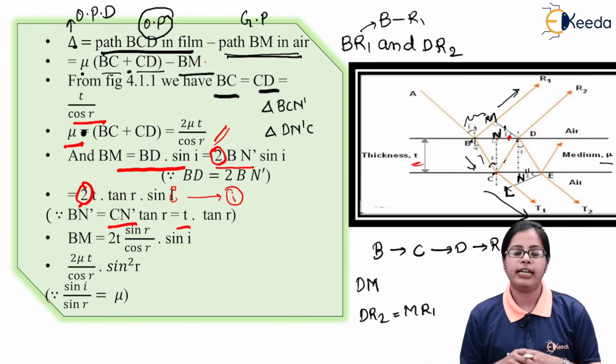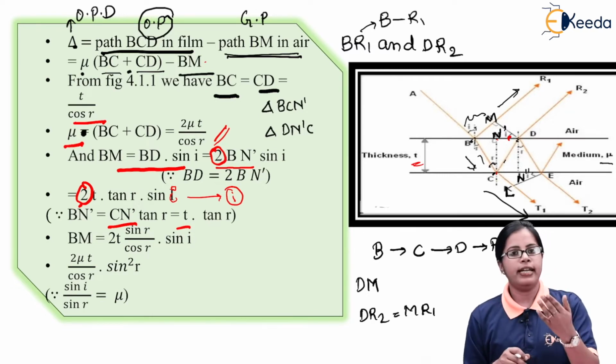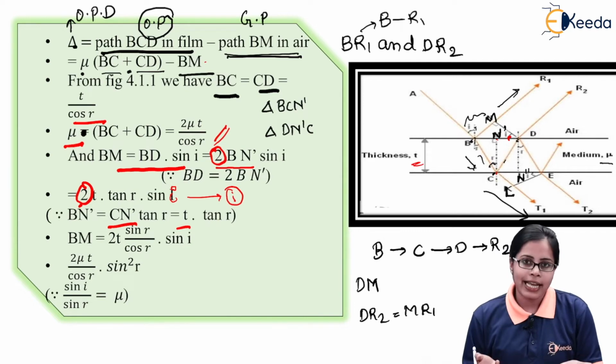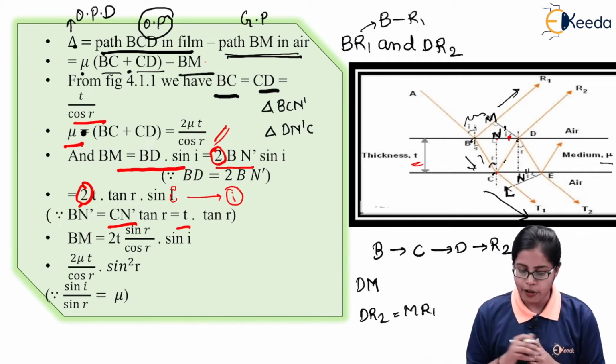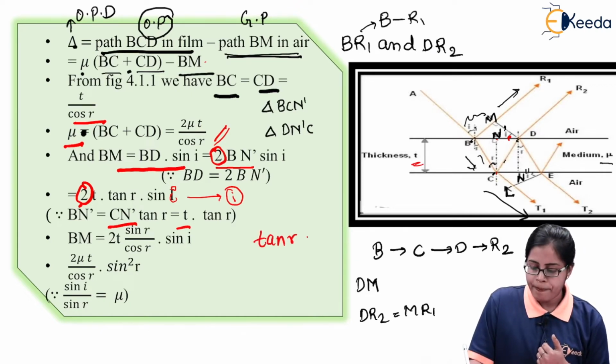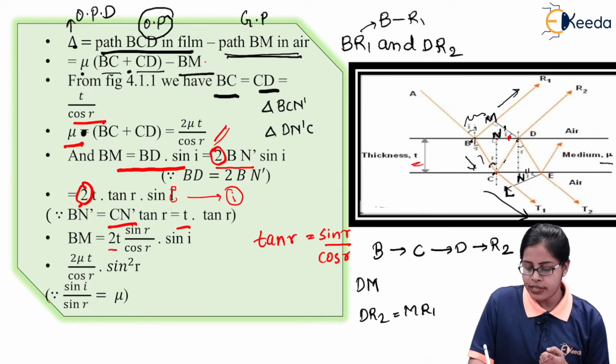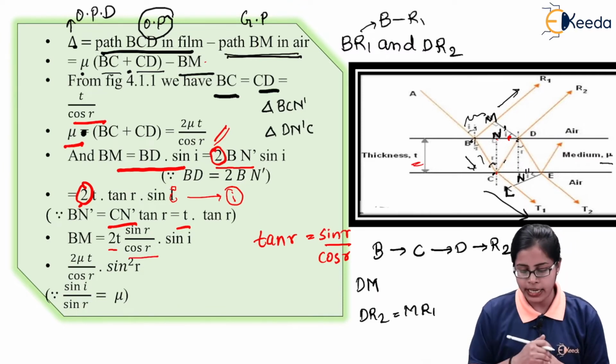When I say tan R, in trigonometry we use tan theta as sin theta by cos theta. So instead of tan R, we are writing sin R by cos R. So as you can see, BM is 2T, instead of tan R we have written sin R by cos R, into sin i.